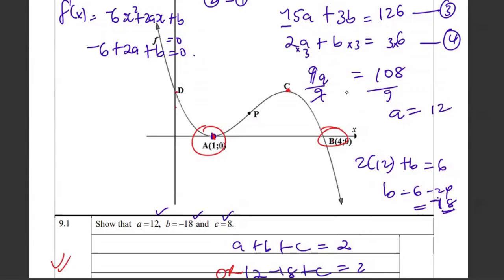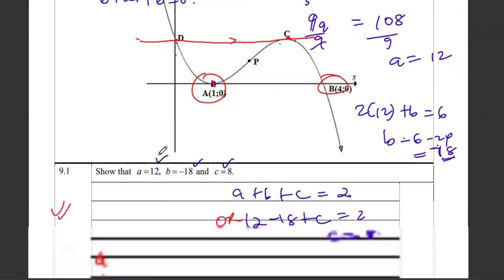This is D. So if a tangent is to pass through C and D, yes, we don't deny it could be a tangent, but it is touching 2 points of the graph. Okay. And if that is the case, will that still be a tangent? Unless it's just at 1 point.